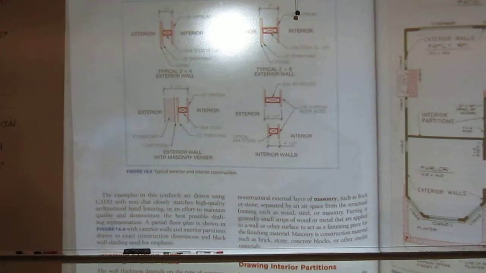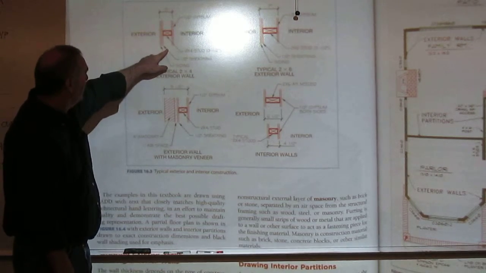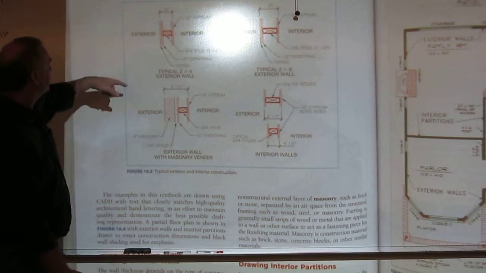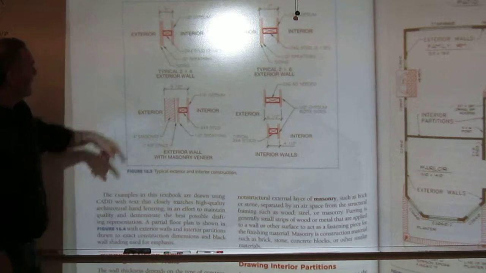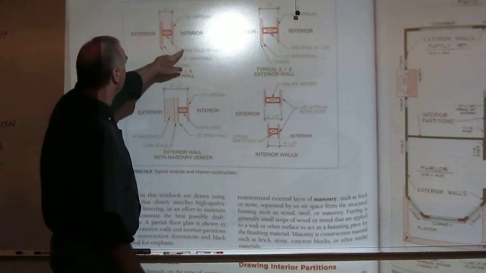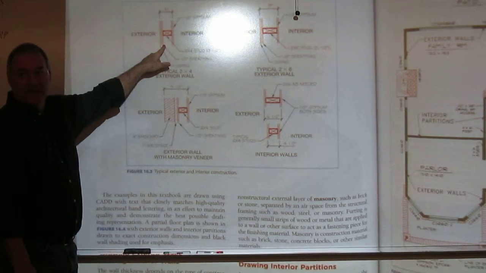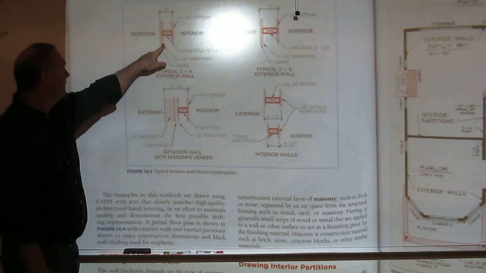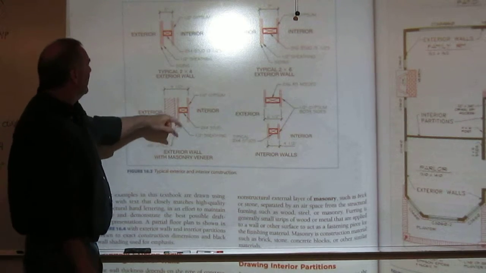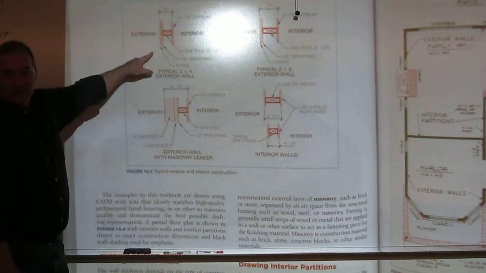Now, when you're drawing an interior wall, okay, this top figure right here kind of compares the exterior versus an interior. But when you're drawing those, you got to know where you're at. So if I'm doing an exterior like they show here with a 2x4 stud, and we do build these in our area, we then have to come in and do sheathing and siding on the exterior of this wall.